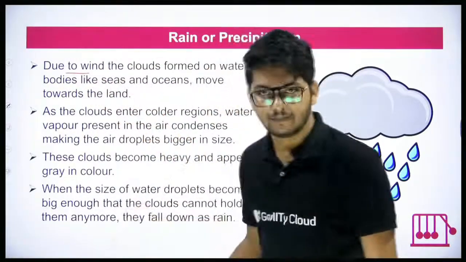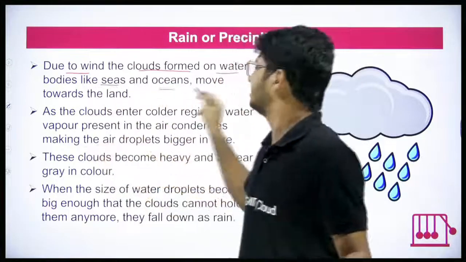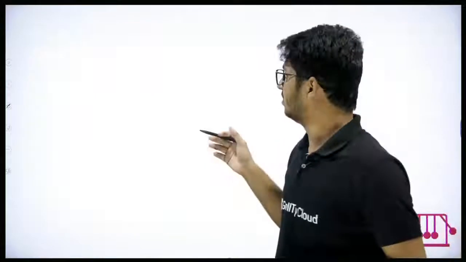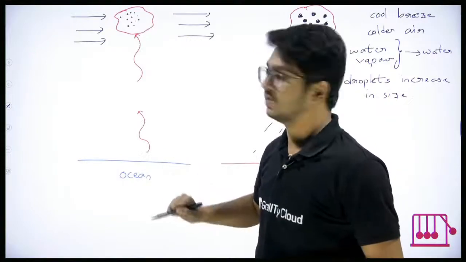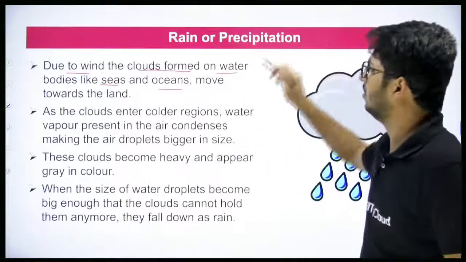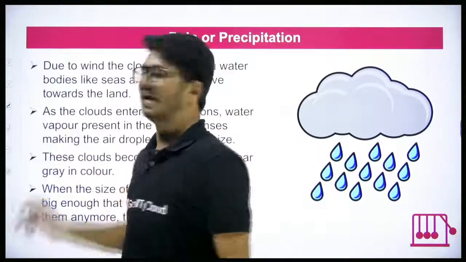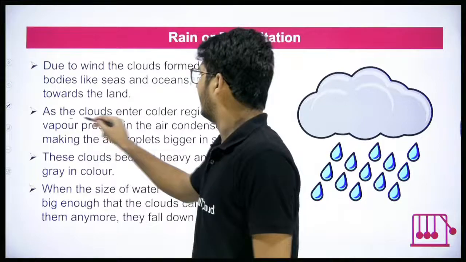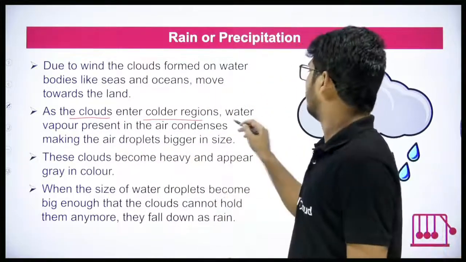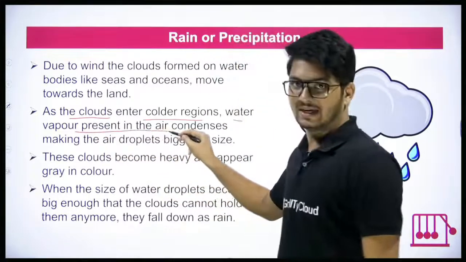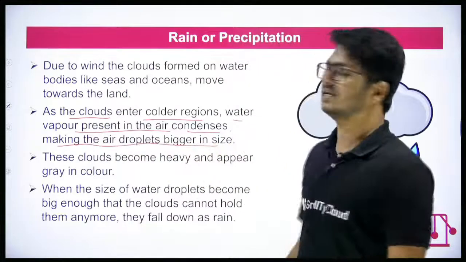Due to wind, the clouds formed on water bodies like seas and oceans. Start imagining. We are talking about this step here. Clouds formed on the oceans. Due to wind, they move towards the land. First step. Then, as the clouds enter colder regions, water vapor present in the air condenses, making the droplets bigger in size.